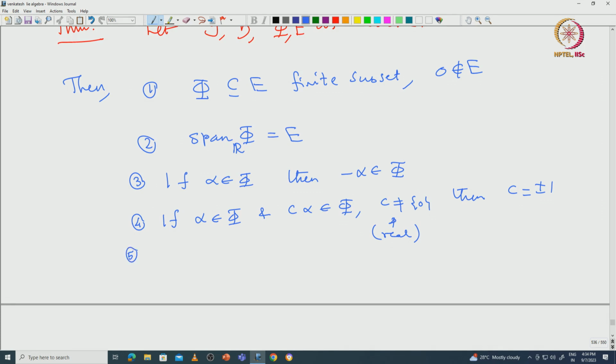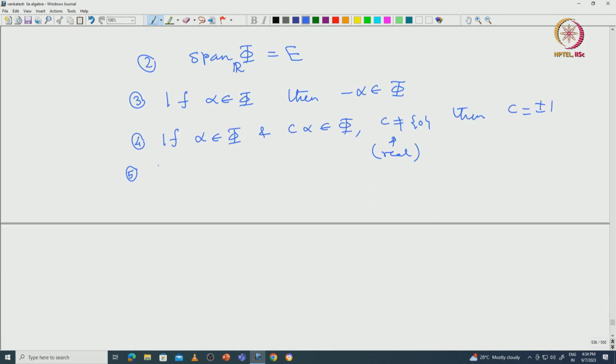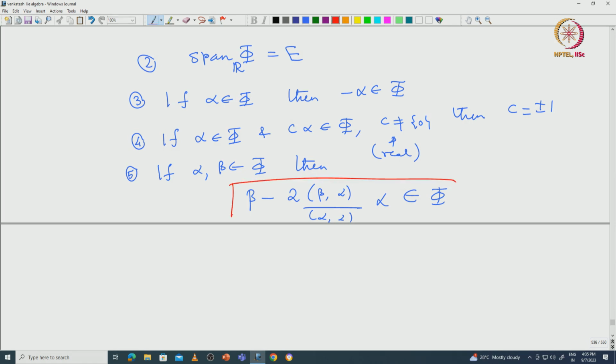The fifth property: if alpha and beta both are in phi, then you look at this element beta minus beta of H alpha times alpha, where beta of H alpha is given by twice beta alpha divided by alpha alpha. So, we write beta minus 2 beta alpha divided by alpha alpha times alpha. This must again be a root. This is a very important property.